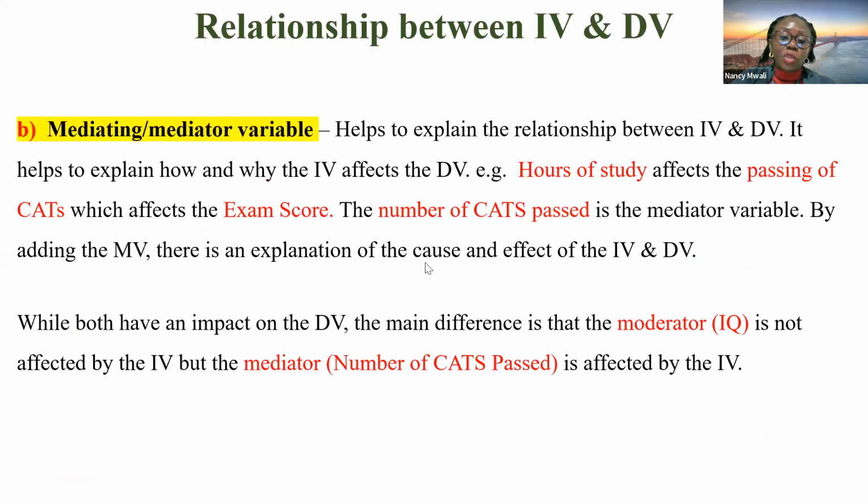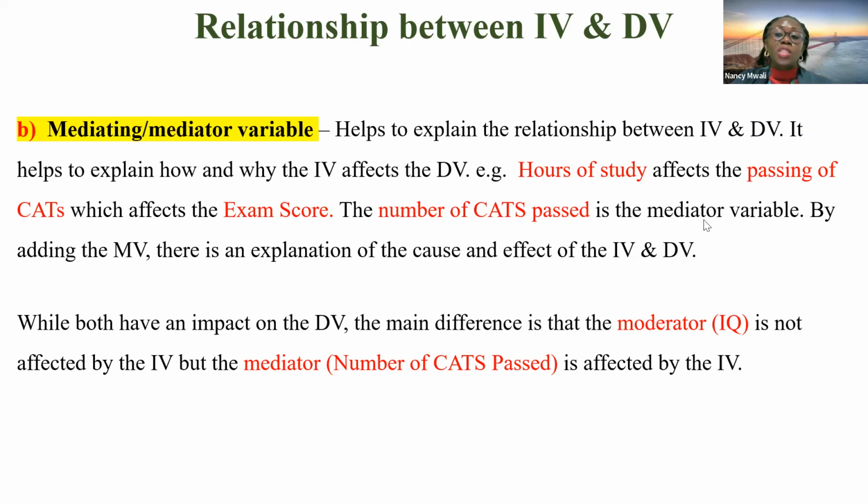The other one that would affect the relationship between the IV and the DV would be the mediating or mediator variables. They simply help to explain the relationship between the two and how they affect each other. So for instance, back to our hours of study. Hours of study affect the passing of CATs, if you have CATs in between, which in turn affects the exam score.